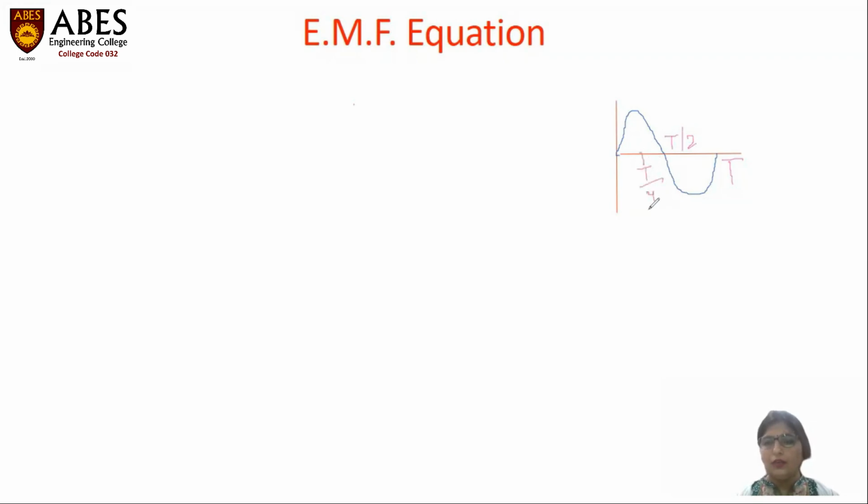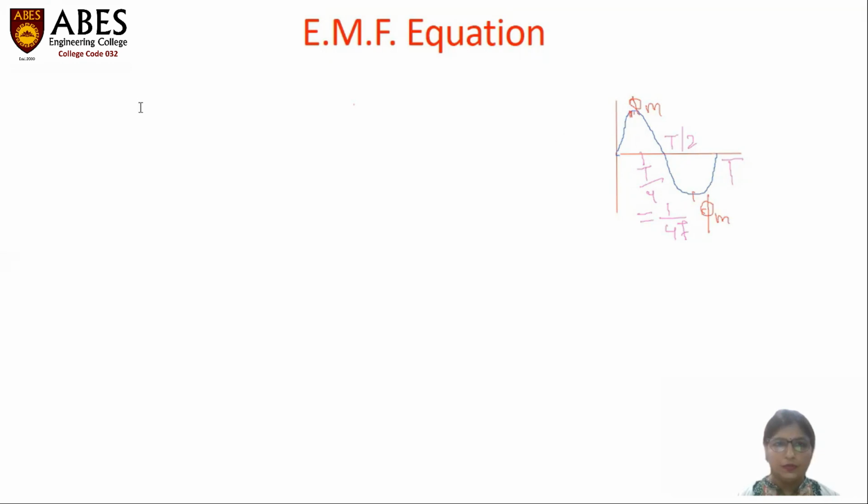And we know that frequency is the reciprocal of time period, so it will be 1 by 4f. And this is the maximum value of the flux. So this flux increases from its zero value to its maximum value in T by 4 time, right?